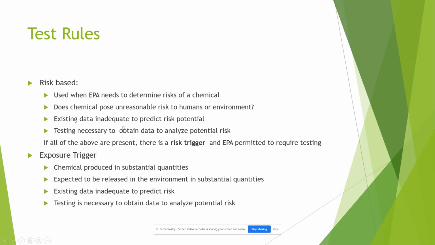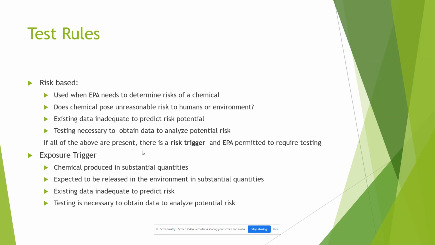Is the existing data adequate to predict risk potential? If it's inadequate, then maybe you need additional testing, and the testing is necessary to obtain data on potential risk. If any or all of the above are present, there's a risk trigger, and then the EPA can require testing. So if they find that there is a risk to this chemical, they can impose testing requirements.